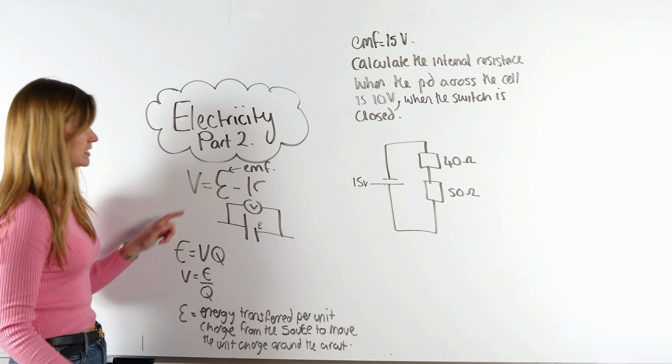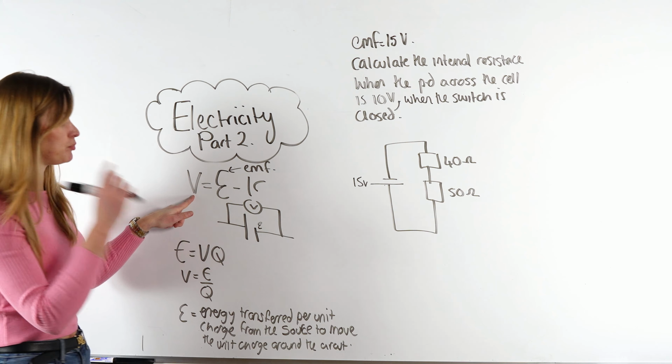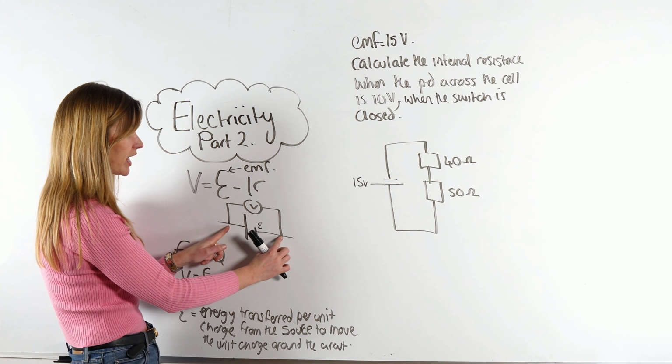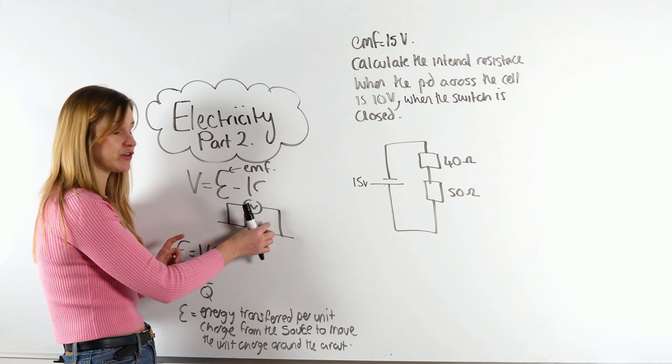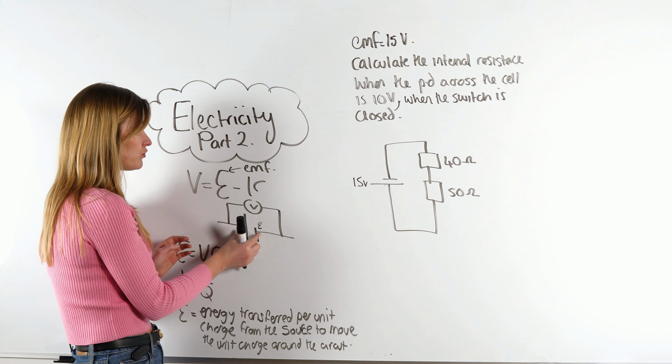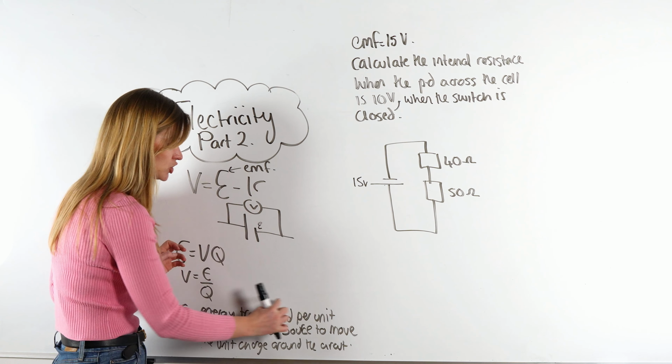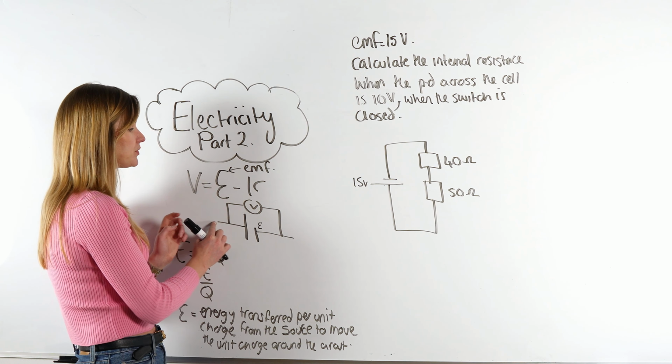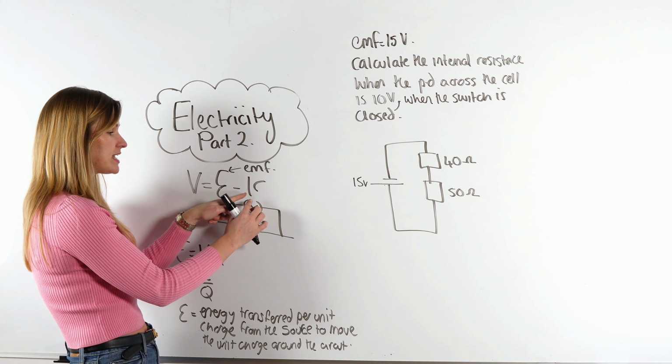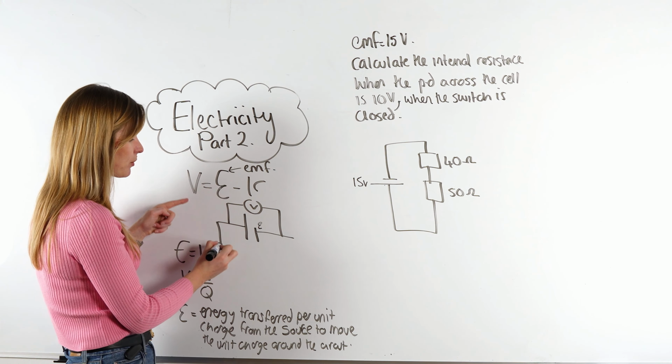Remember, potential difference was the energy transferred per unit charge between 2 points in a circuit. EMF is the energy transferred to that unit charge from the source to move that unit charge the whole way around the circuit.